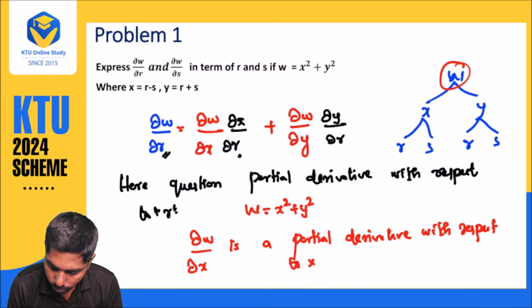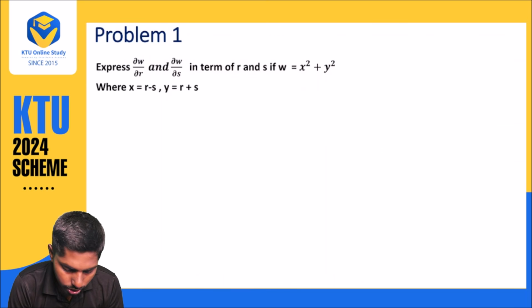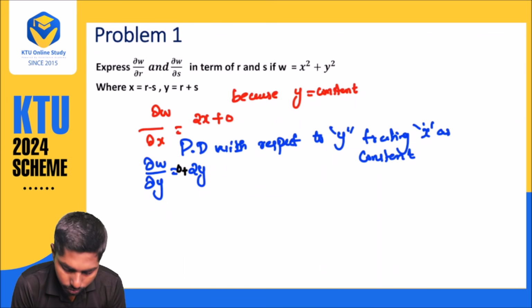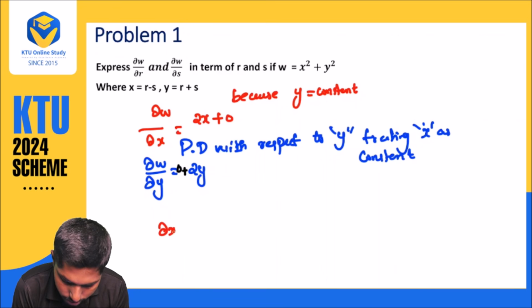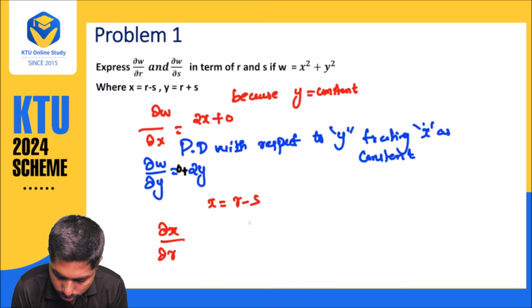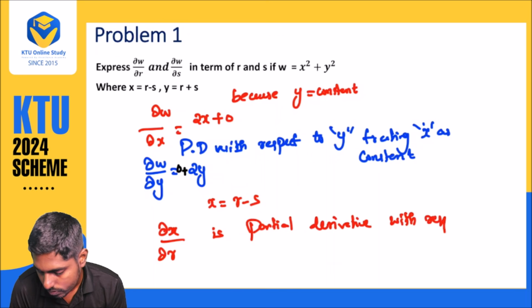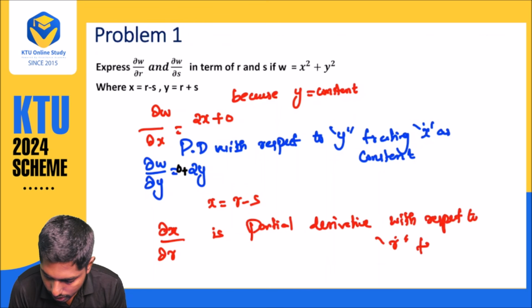Now we want to identify ∂x by ∂r and ∂y by ∂r. First, ∂x by ∂r. What is x? x is equal to r minus s. The partial derivative is with respect to r, which means treating s as a constant.